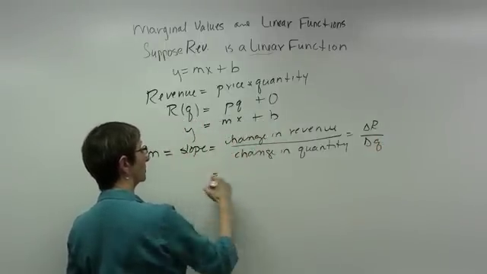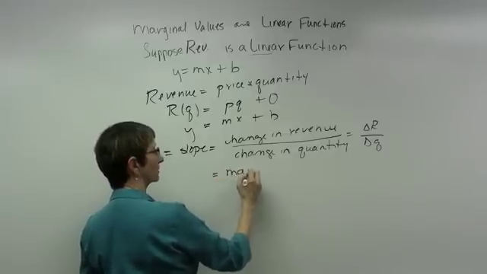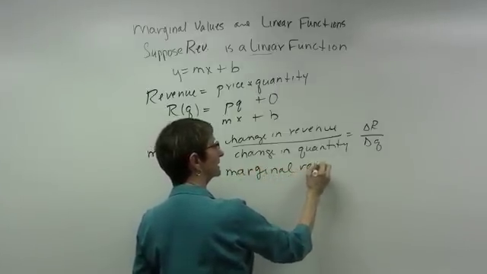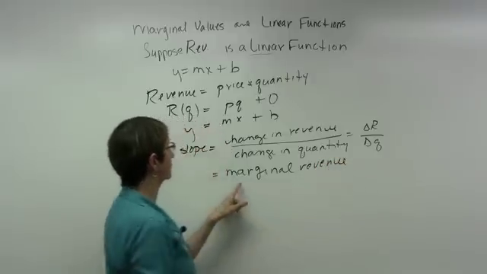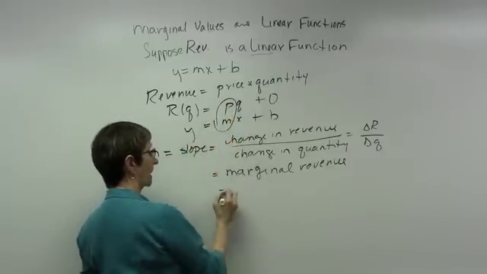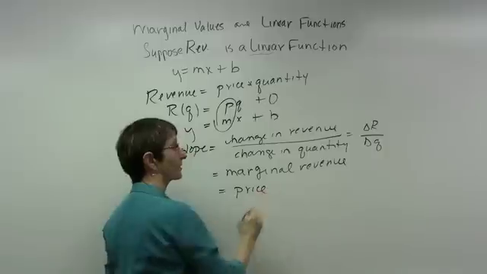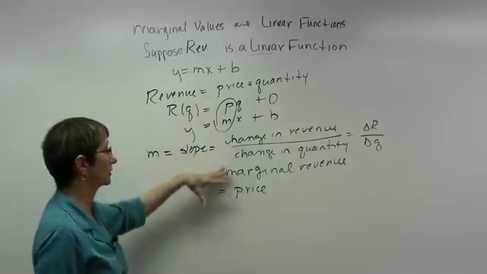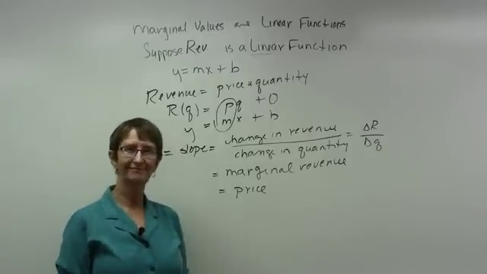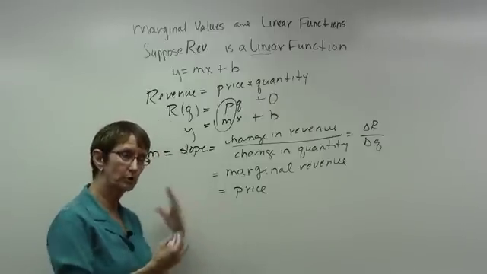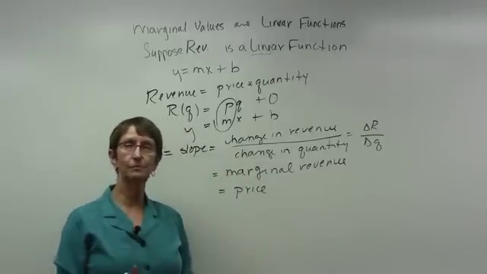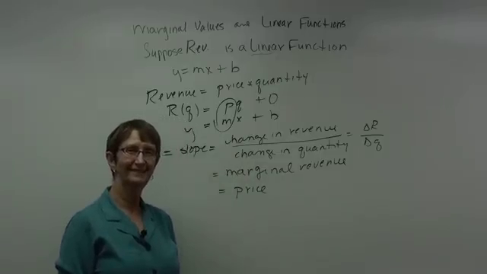So the slope is marginal revenue, and by its position in the function, that's the price. So our selling price of a revenue function is marginal revenue, and it is the slope. If it's nonlinear, we'll have to deal with that when it gets to more complicated calculus.